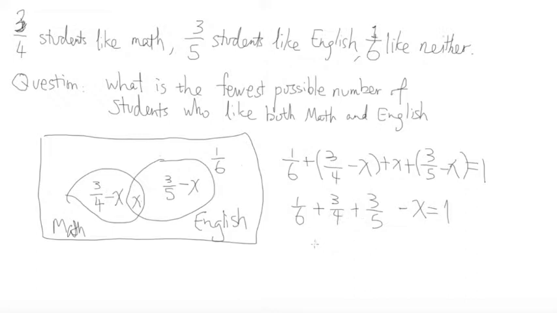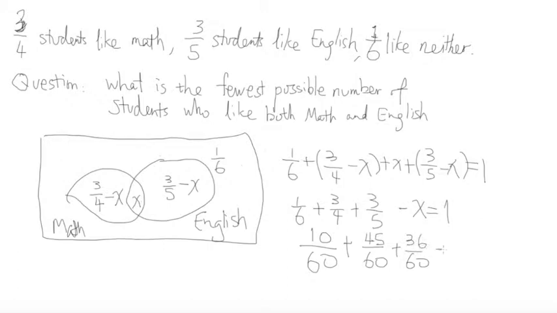Here for the fractions, we need a common denominator to add, and the common denominator in this case is 60. So 1/6 is 10 over 60, 3/4 is multiplied by 15, so that equals 45 over 60, and 3/5 is multiplied by 12, since 5 times 12 is 60, giving 36 over 60.